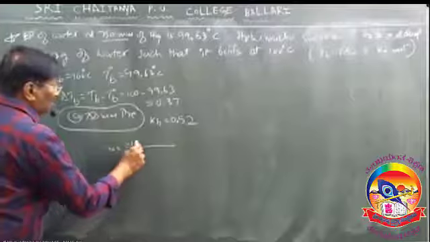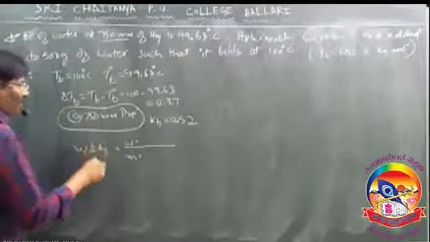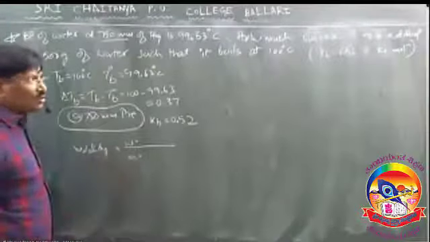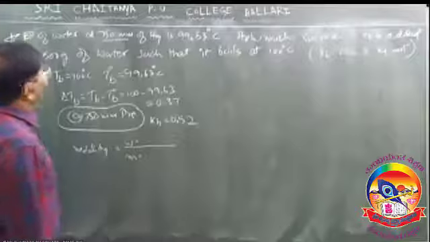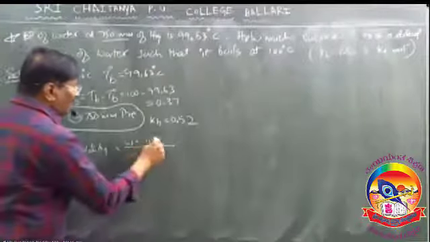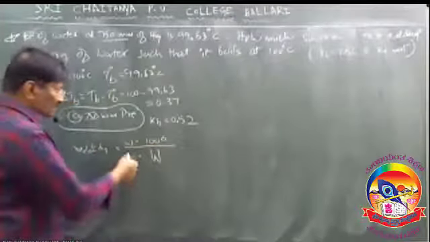And another one, see, molality means, what do you write? Small w by small m, weight of solute over molecular weight of solute, then 1000 divided by capital W. Is it not?